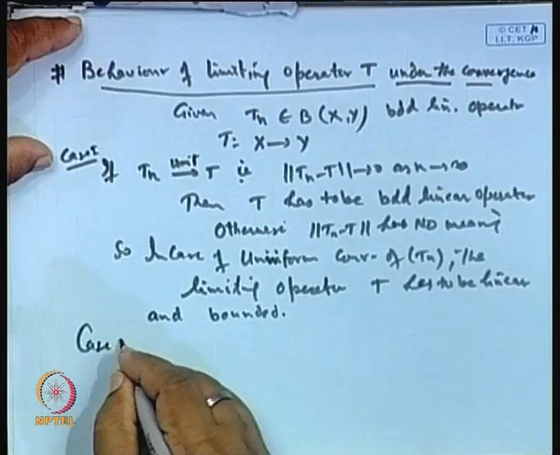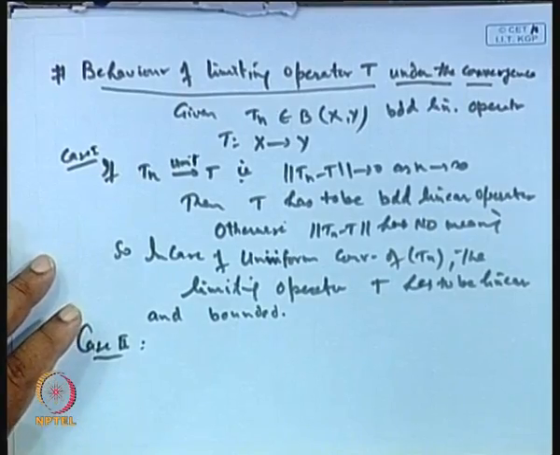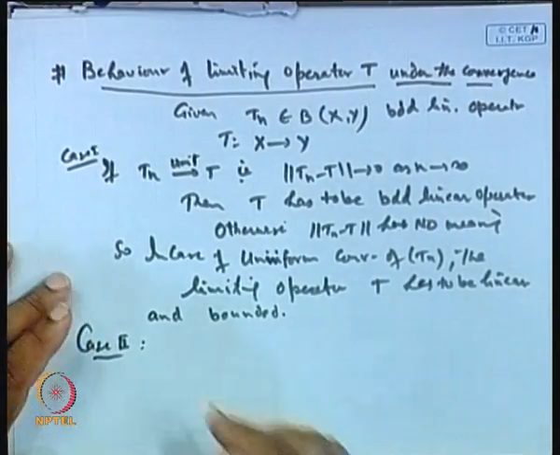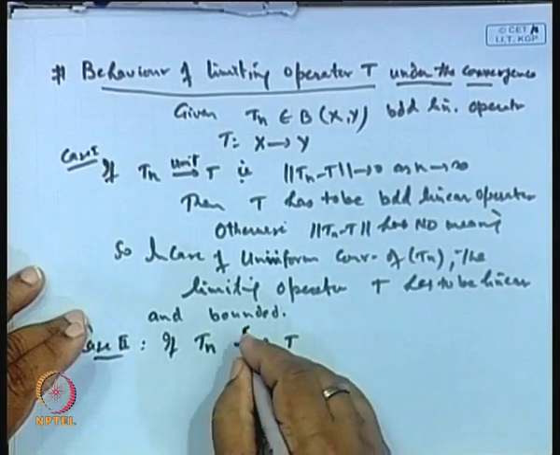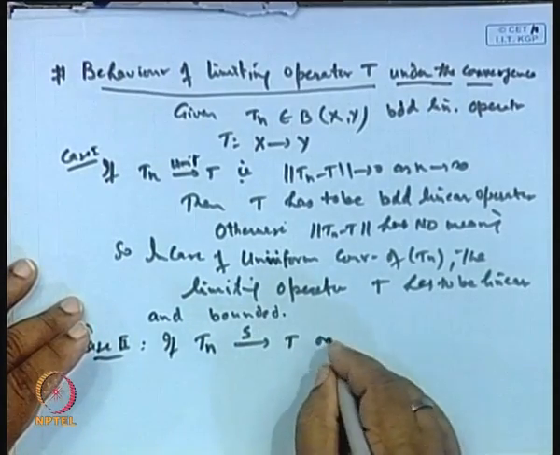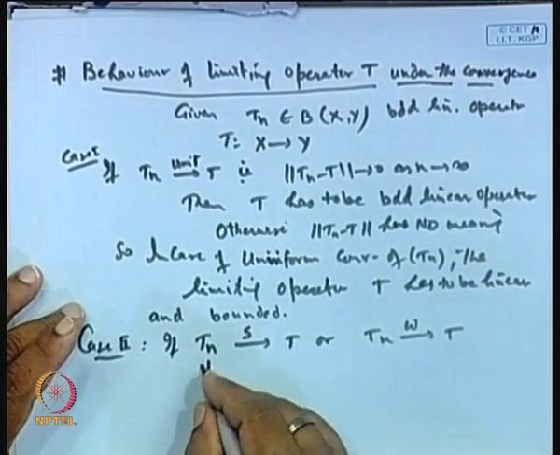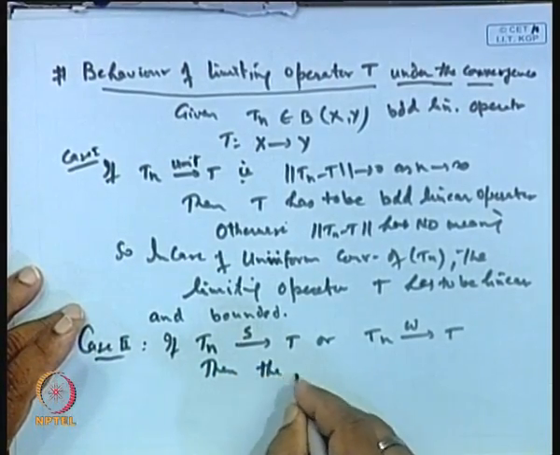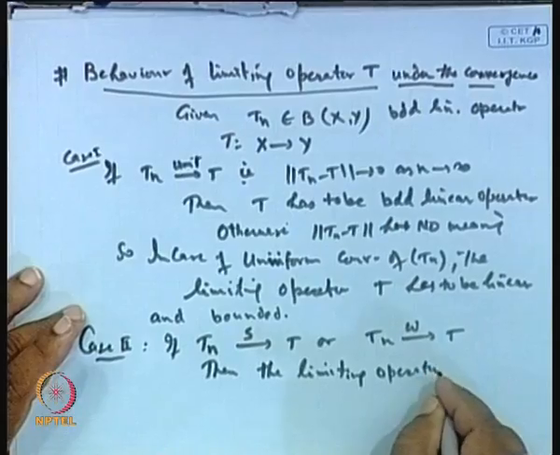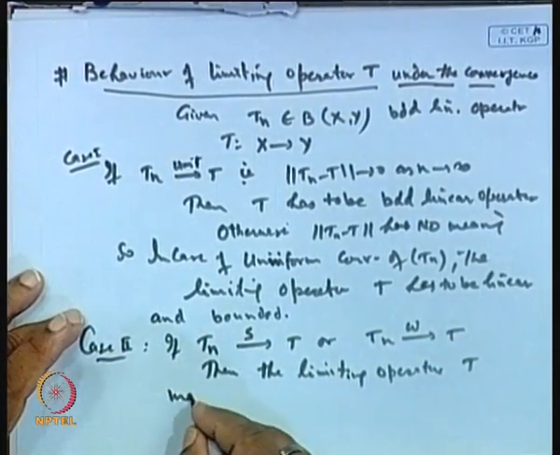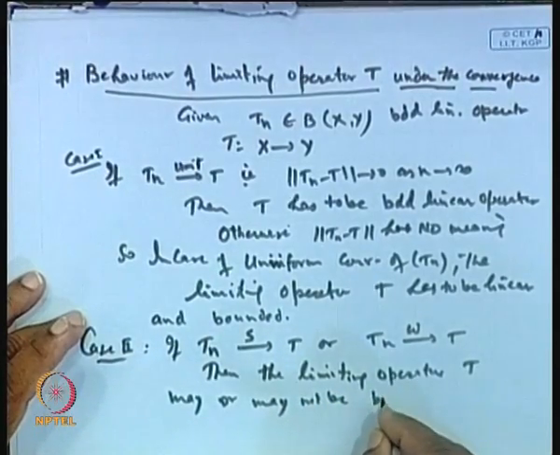So, this is case 1, now case 2. If T_n converges to T strongly, or T_n converges to T weakly, then the limiting operator T may or may not be bounded.